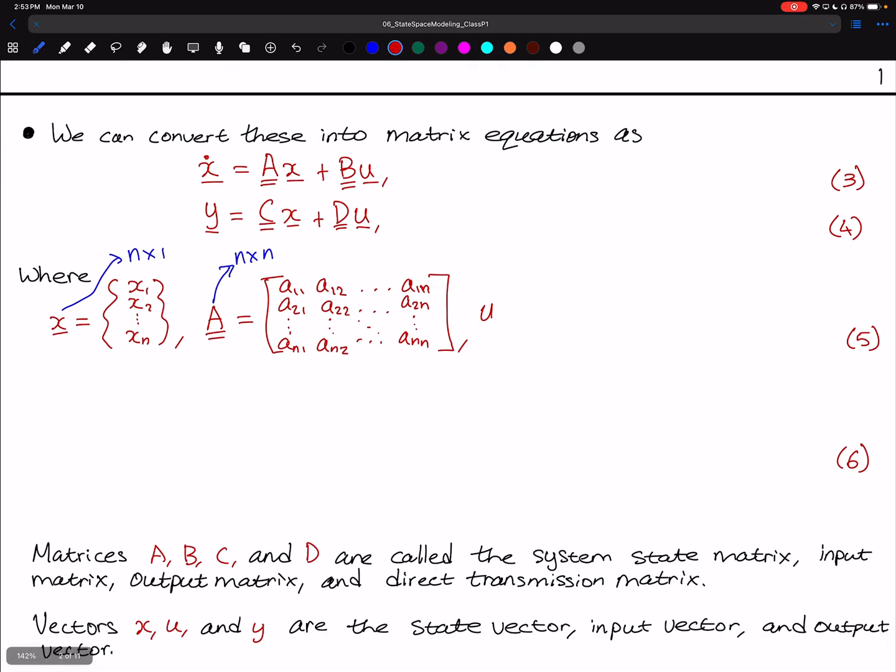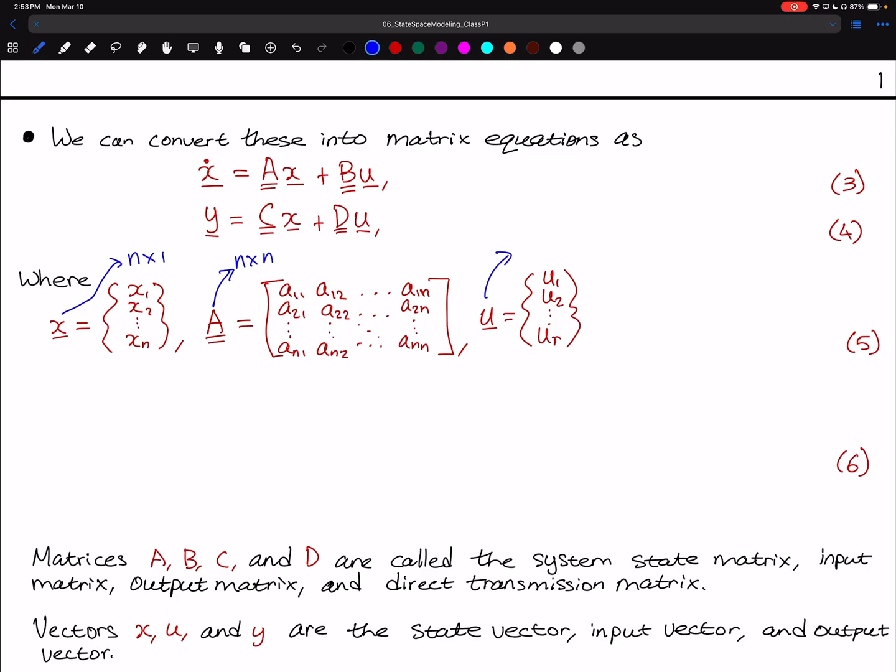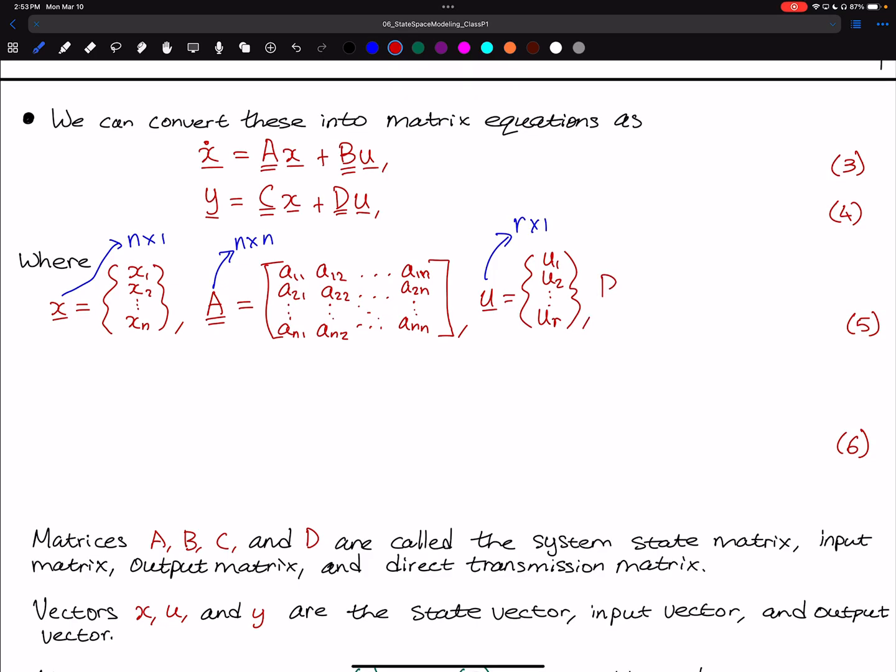The input u is going to be a vector of u1, u2, dot dot dot, ur. So u here is going to be r by 1. And then lastly, the matrix B. This is just a matrix of B11, B12, B21, B22.